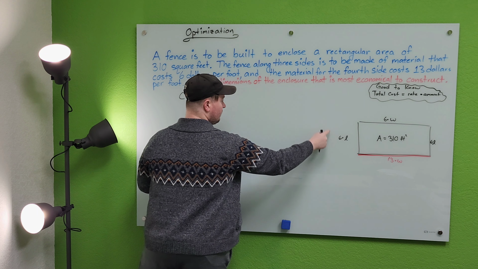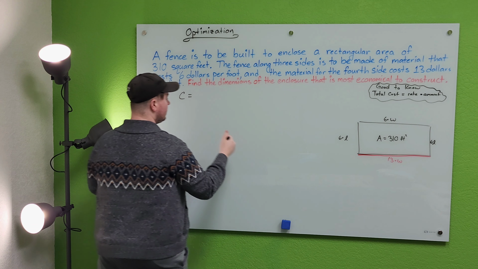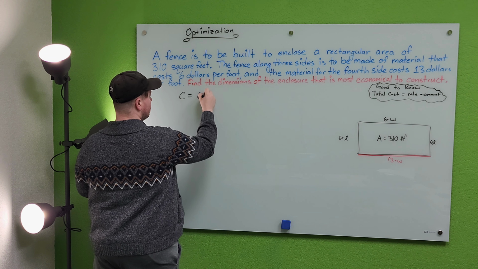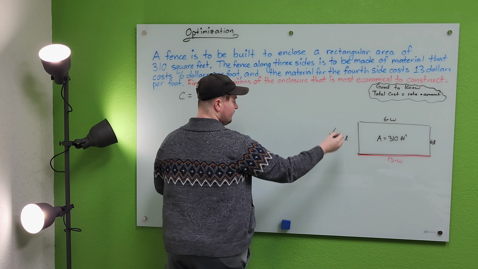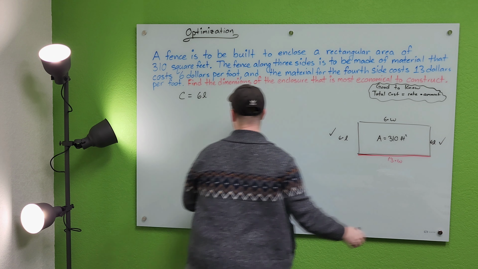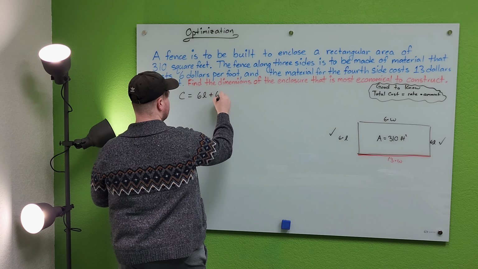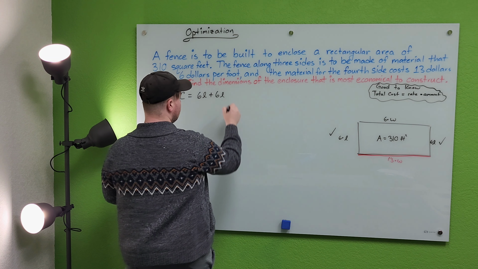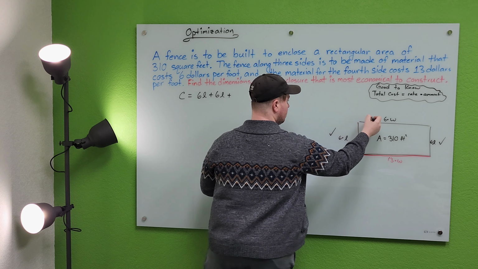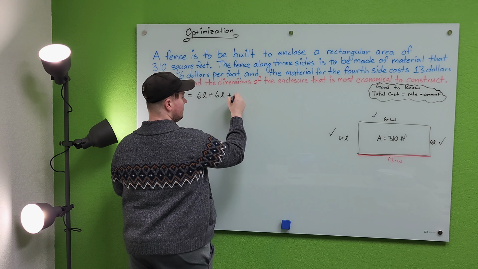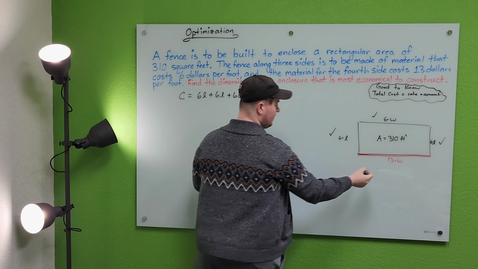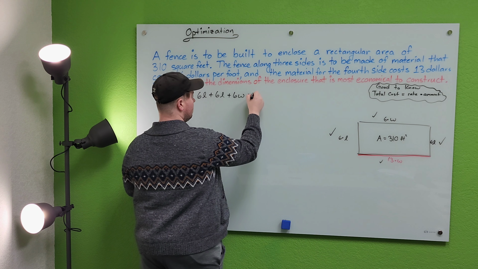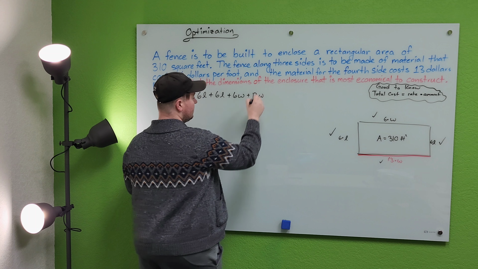If we start here and work our way around, we have 6 times L for the cost of this side, plus 6 times L for this side, plus 6 times W at the top, plus 13 times W for the bottom.